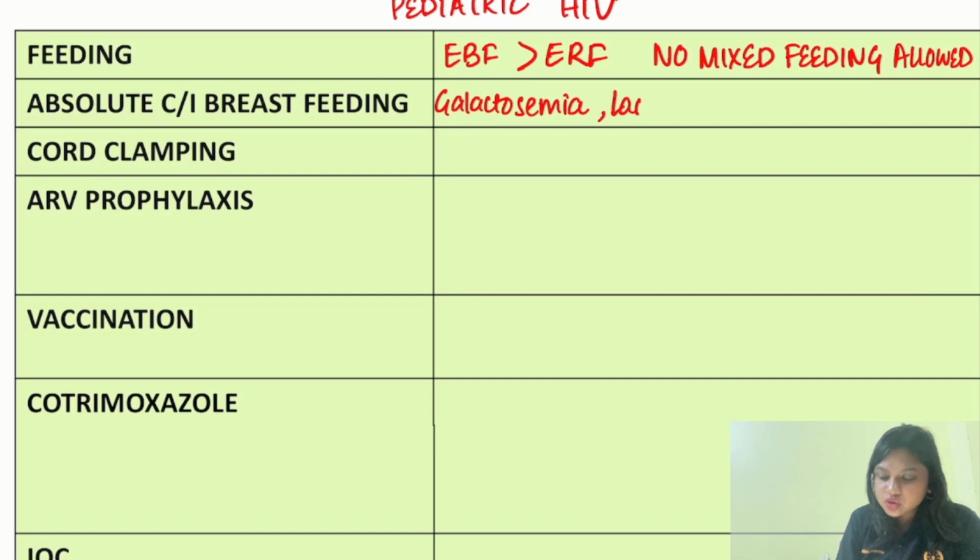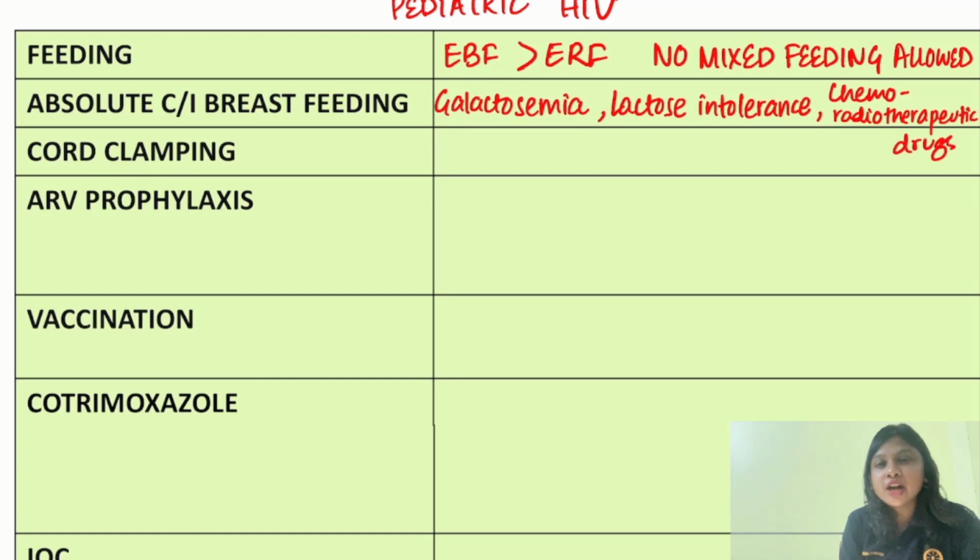So lactose intolerance. And the third is if the mother is on chemoradiotherapeutic drugs. And I'll talk in my NRP section as well that we always advise delayed cord clamping. In HIV, we have to go for early cord clamping.